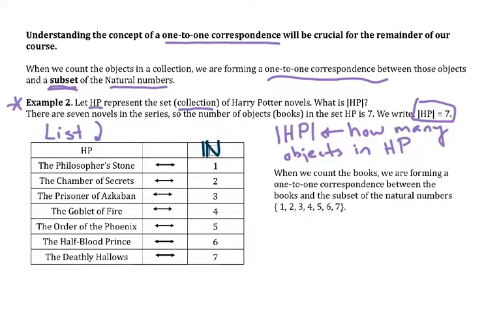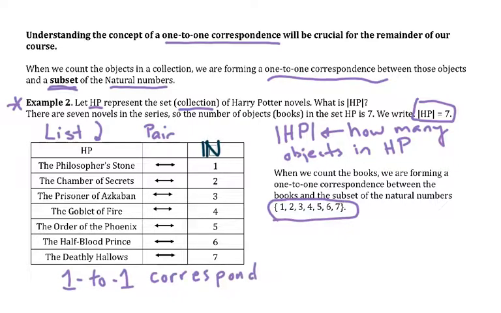What we're actually doing is pairing up with a subset of the natural numbers. So when we count the books, we're forming a one-to-one correspondence between the novels and the numbers 1 through 7.